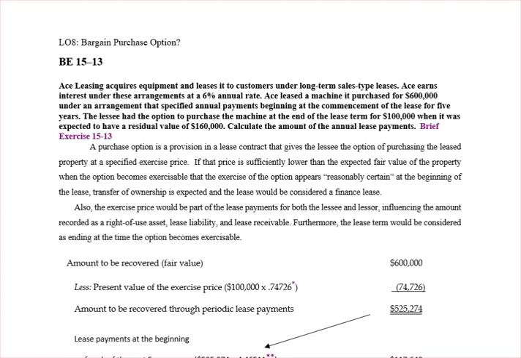You don't use 160 in the calculations, but you're going to say, when I look at this, a reasonable person would use the option and then go out and put that item for sale somewhere. They bought it at 100,000, sell it, they make a 60,000 profit, right? So a reasonable person would do it. That's all they're trying to tell us with that residual value. It doesn't go in the calculation anywhere.